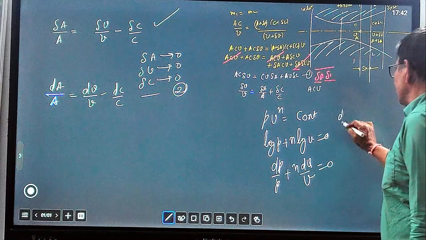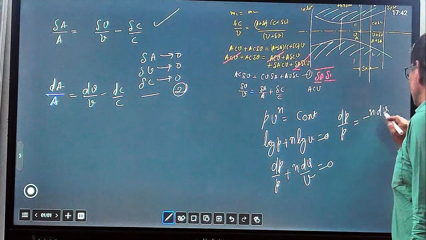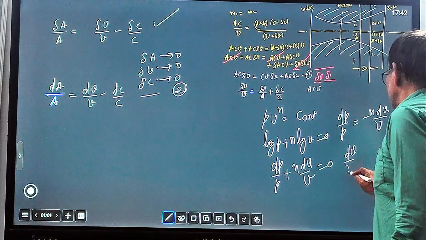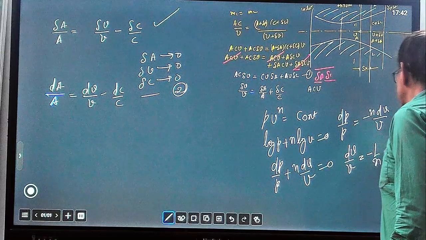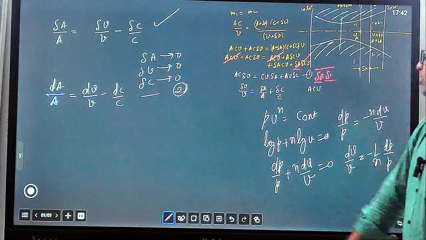So dP by P equals minus n dV by V, or dV by V equals minus 1 upon n dP by P. This we will use in finding these values.